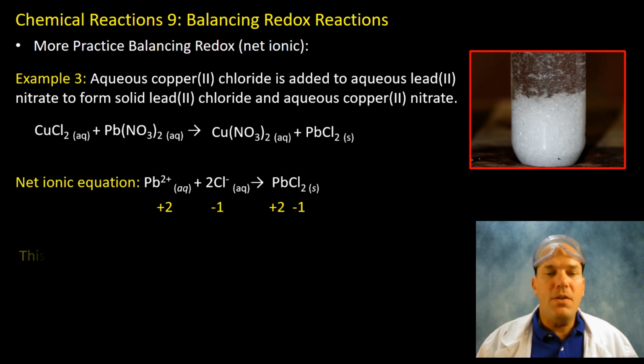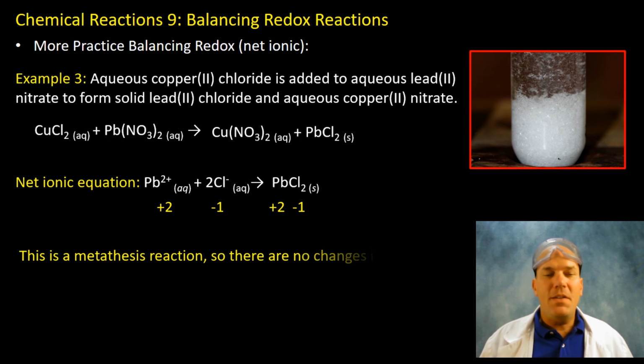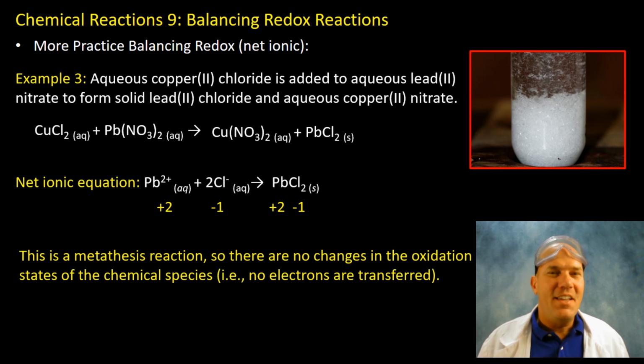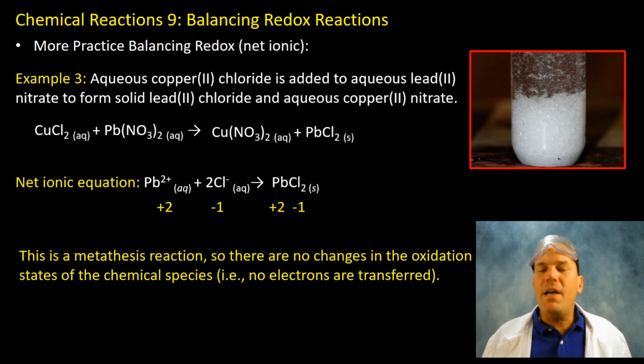Now, what you can hopefully see from this is there's no change in oxidation states. This is not an oxidation reduction reaction. This is an example of a metathesis reaction. In other words, no electrons are being transferred. And we can see that by using one of the methods, in this case the net ionic, to show we have lead 2+, and we're producing lead 2+.